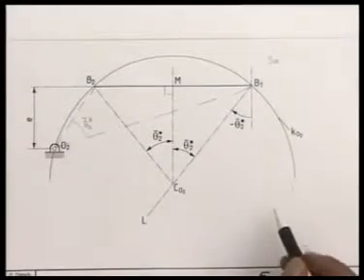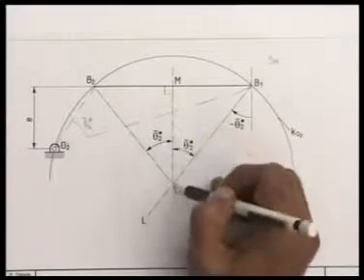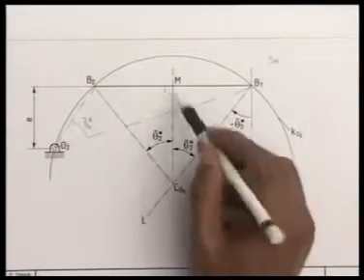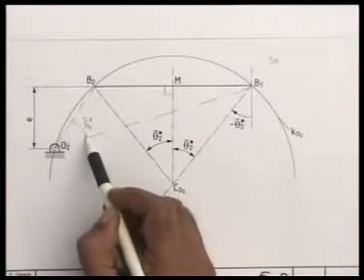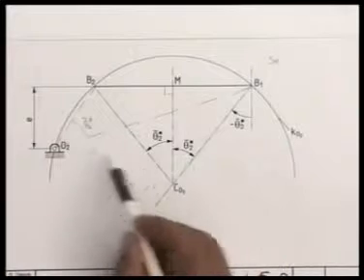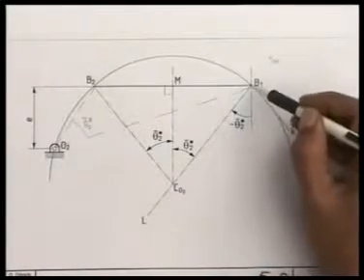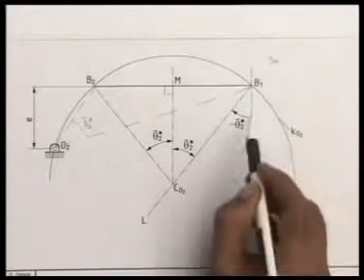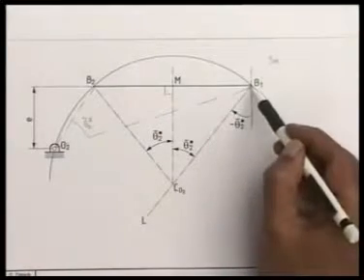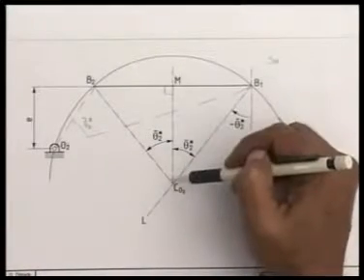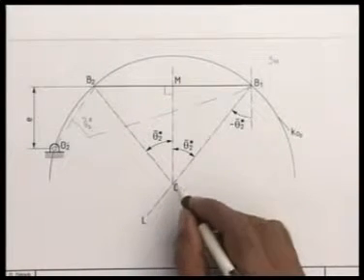We can do that very easily geometrically by drawing the mid normal of B1, B2. This is the perpendicular bisector. So, the center of the circle must be on this line, and if this is the circumferential angle, then the central angle must be twice of that, twice theta 2 star bar. So, at B1, I draw a vertical line, draw a line at an angle theta 2 star bar in the clockwise direction, and where this line intersects the perpendicular bisector, that gives me the center of the circle as CO2.